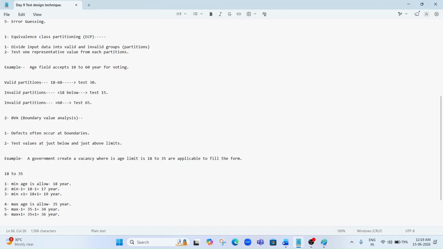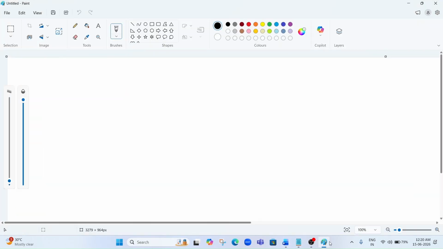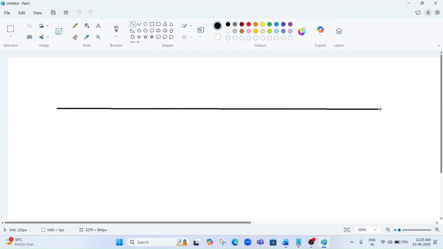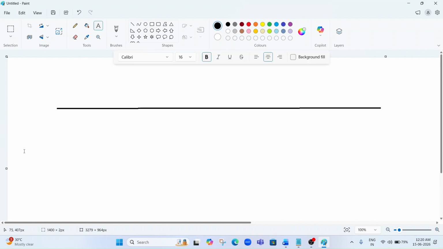So what we will do here, I'm just going to create one example. Okay. So there is one line I have created. So the minimum scenario here: minimum equal 18, that is allowed.